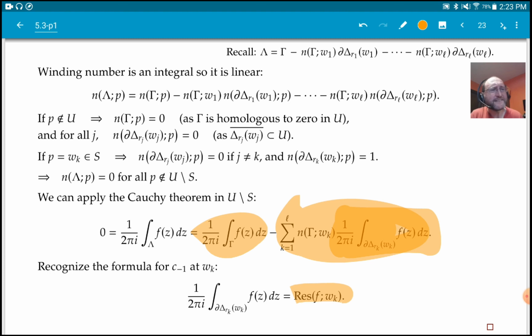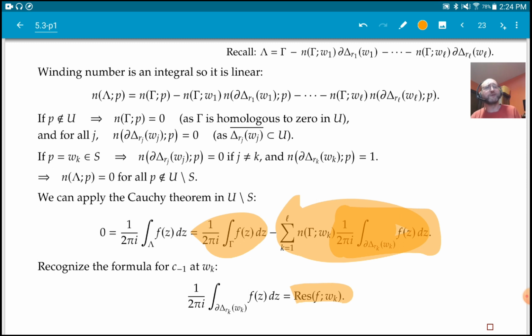Next time we'll look at how we use the residue theorem. It might be a little weird that the formula we have for the residues, for c sub minus 1, is an integral formula, and we're going to say that we're going to solve integrals using this.